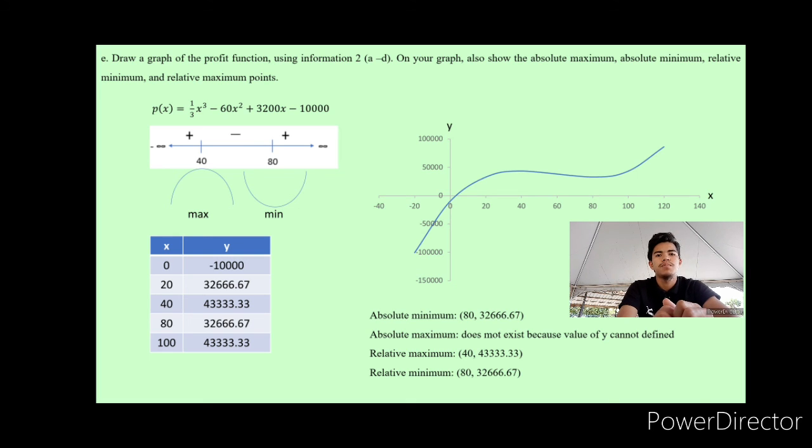For the relative maximum, we need to find the maximum point on our graph. We see the point is 40 and 43,333.33. The relative minimum point is 80 and 3266.67.